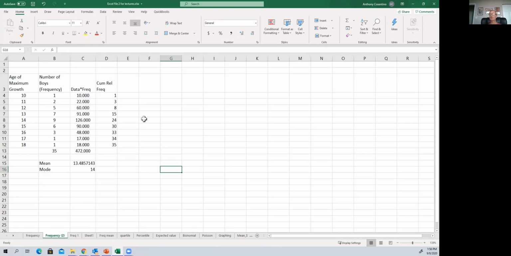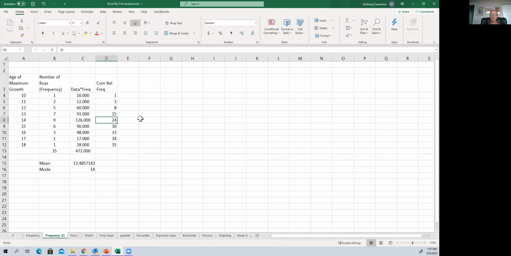So in this case, to calculate the median, we have 35 data points, right? 35 divided by 2 is 17.5. And then if you add 1 to it, it would be data point 18 is the median. And where does that fall? Well, that would fall into the 14s, right?